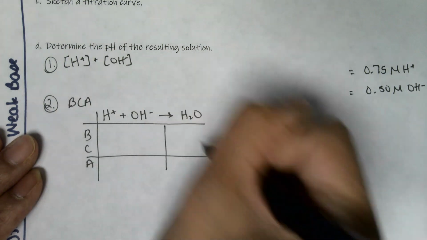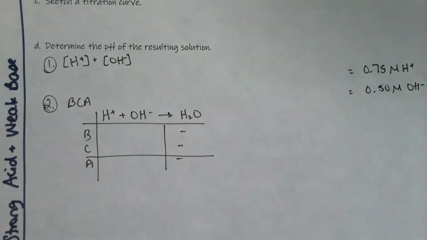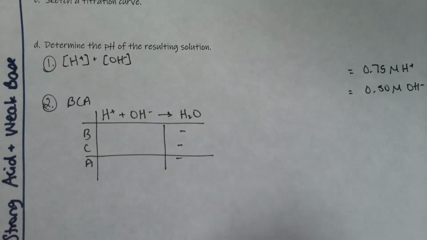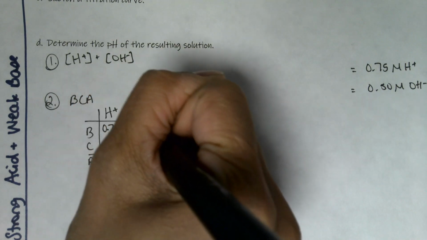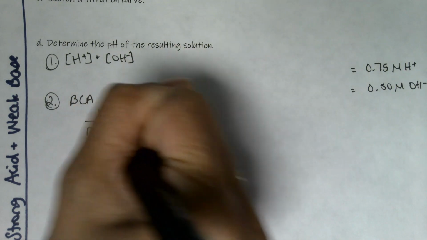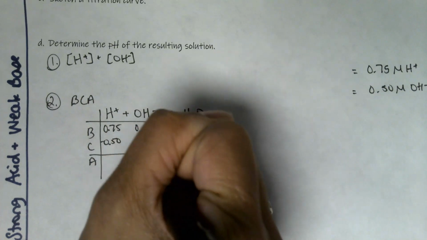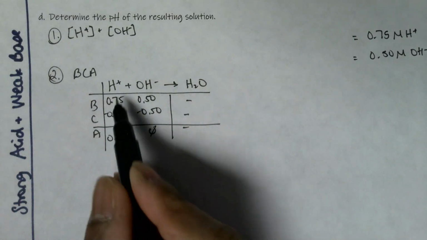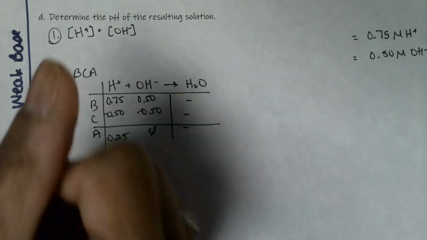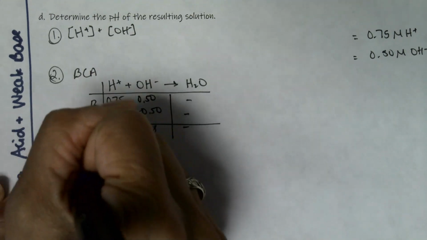I can't do this unless I have that. So we have to be very, very careful about what we do. So 0.75 minus 0.50, that's 0.25. So we know we have 0.25 molar of our H plus, and then therefore we could use the pH square.